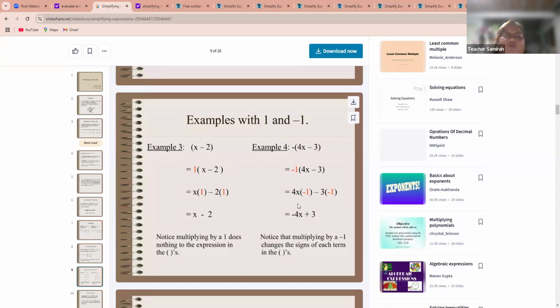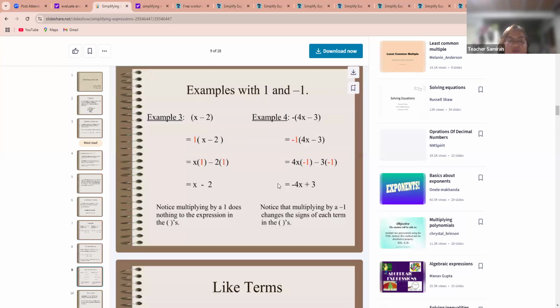And then when we multiply this algebraic expression by negative 1, we saw that there is a change of sign in each term. So everything inside the parentheses has changed. The positive 4x becomes negative 4x while the negative 3 becomes positive 3. Okay? That is what happened.